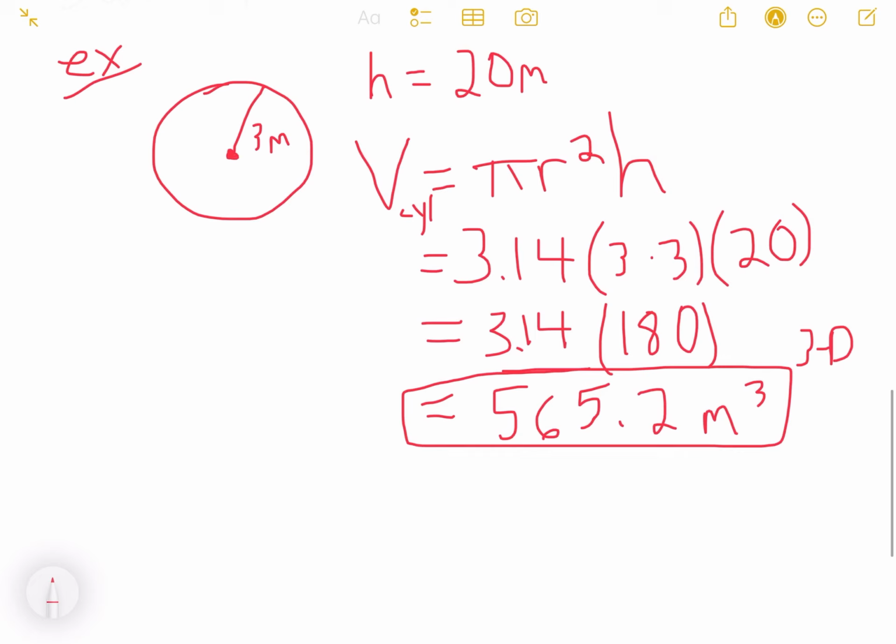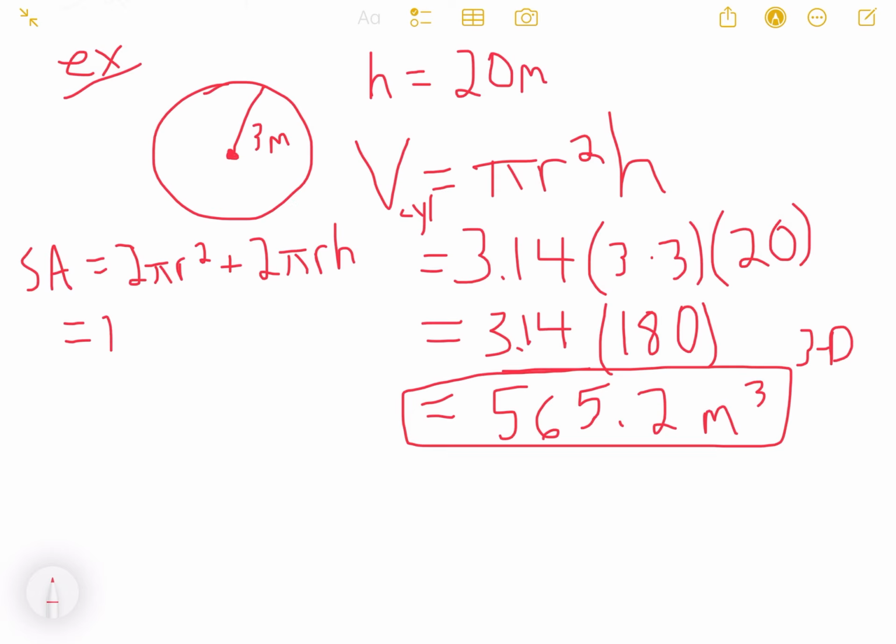So then we can go on to surface area. Like I said, surface area, a lot of times we'll just say is SA. So SA here is 2 times pi r squared plus 2 pi r h. So what do I have?